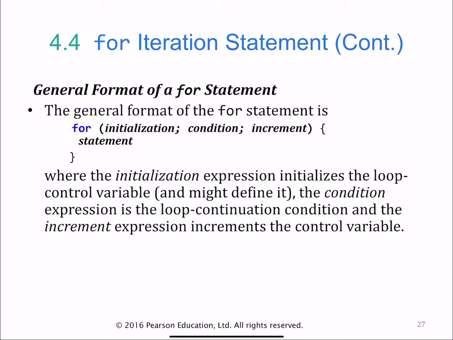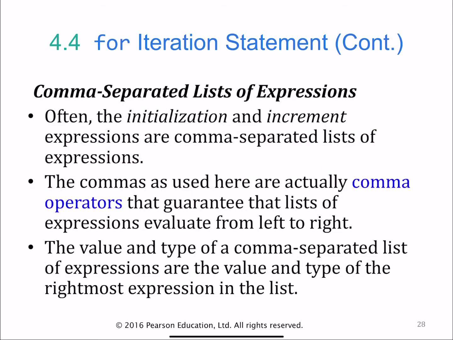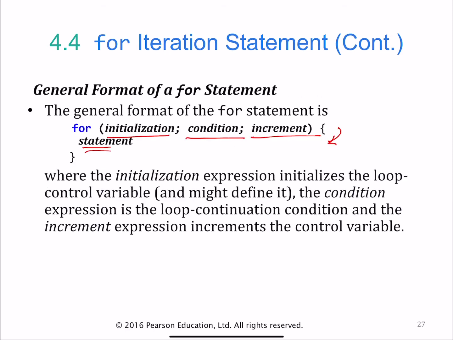So put simply then, the for loop statement contains these 3 parts: initialization, condition, and increment. And inside the body of the for loop, you can have, again, as many statements as you need. Now, in the example of the for loop that we saw just now, we had only one initialization, only one continuation condition, and only one increment happening.